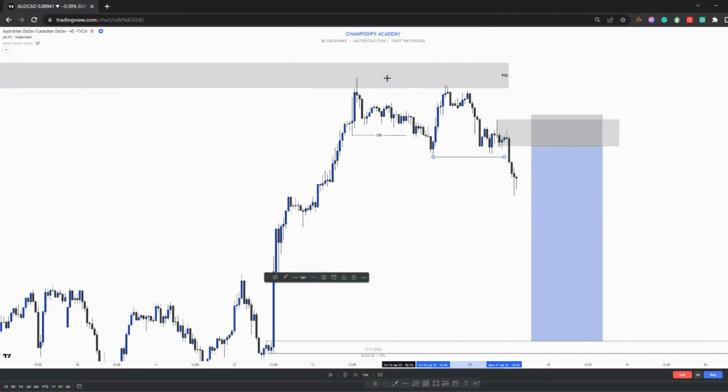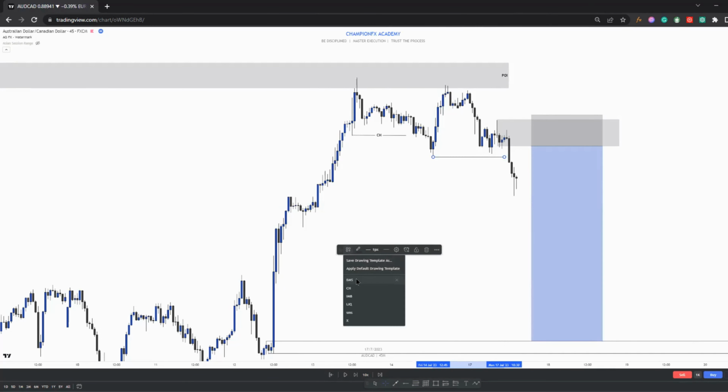During our boot camp, we learned how we can capitalize on a situation where price moves aggressively from a range. You could see here, price dropped aggressively, breaking this internal structure, and then started consolidating over here. It is within this consolidation that price moved aggressively away to the downside.